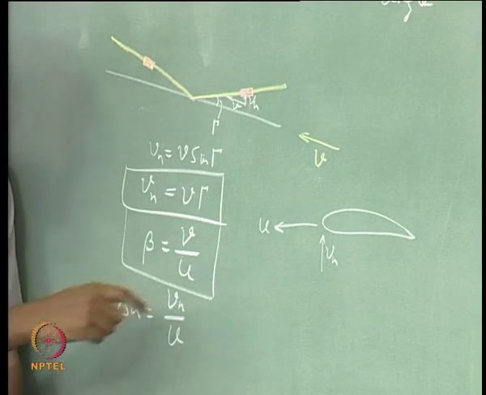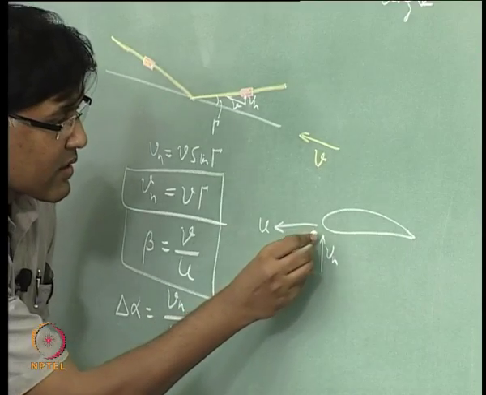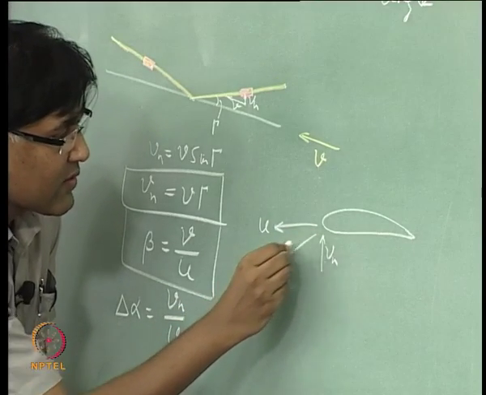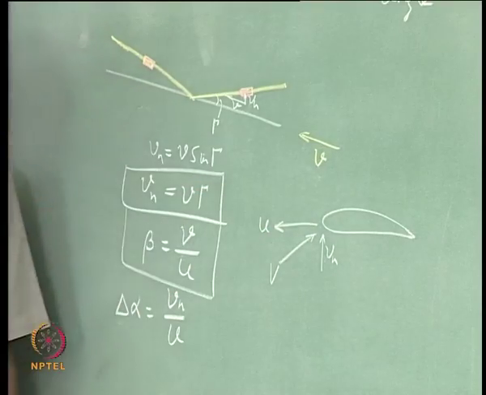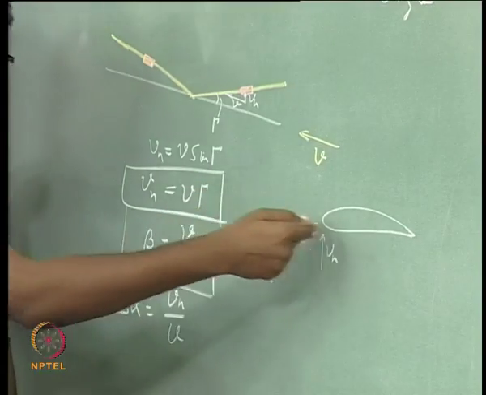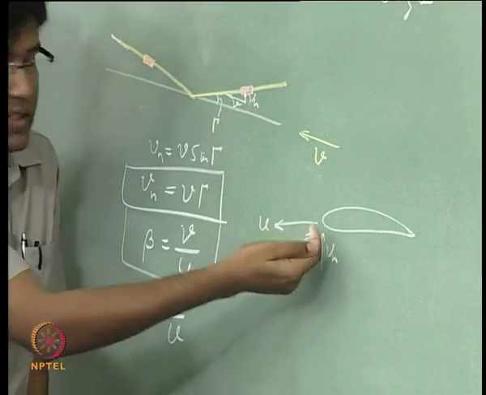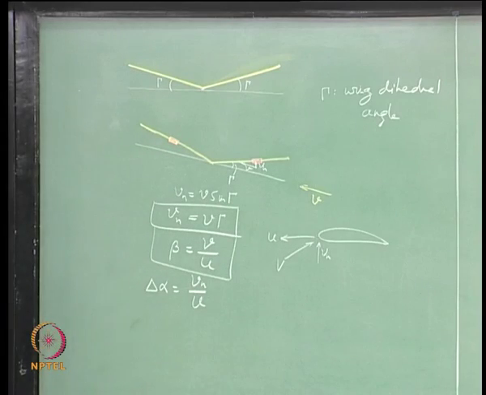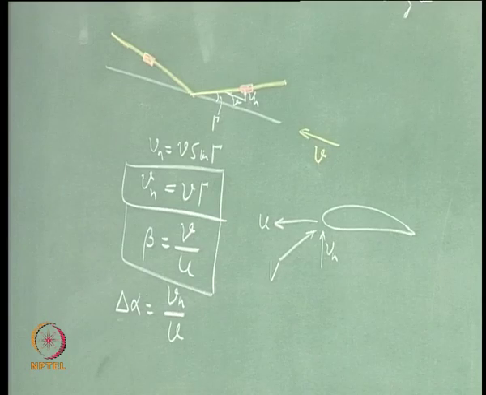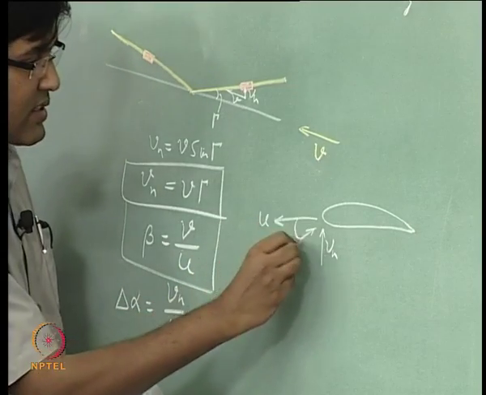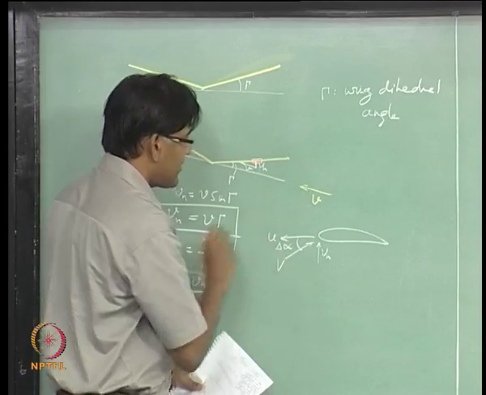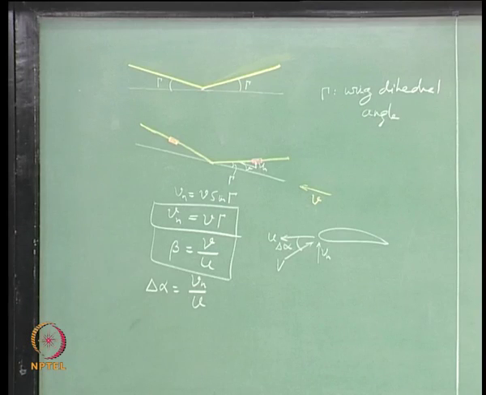Delta alpha is, now this is your relative velocity, what the airfoil section is seeing. So, it has a forward component and a vertical component, and I am going to measure this delta alpha.